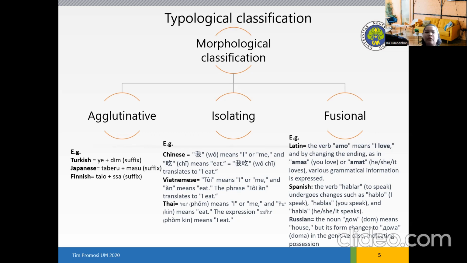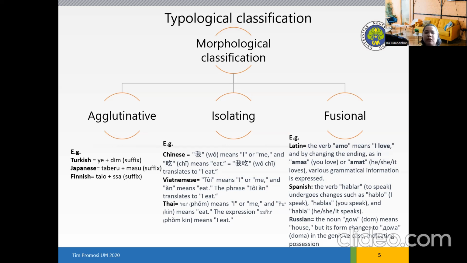And now we go to fusional languages, also known as inflective languages, and they are a morphological type where words undergo fusion, which in Bahasa is mengalami peleburan, or blending of morphemes, resulting in changes to the form of the base or root words.